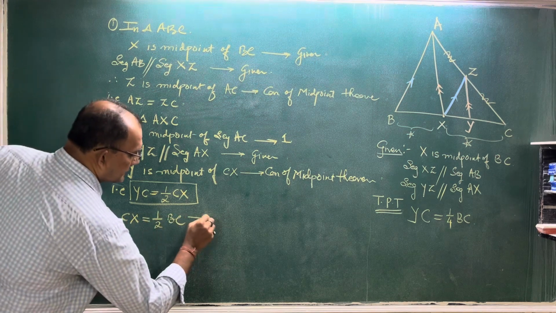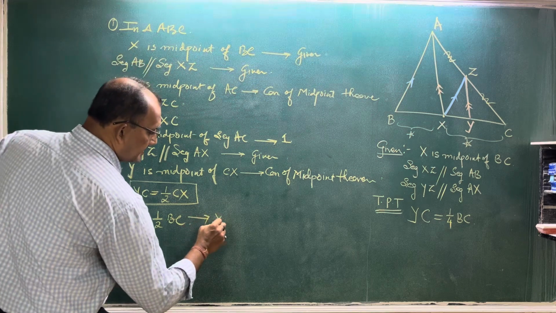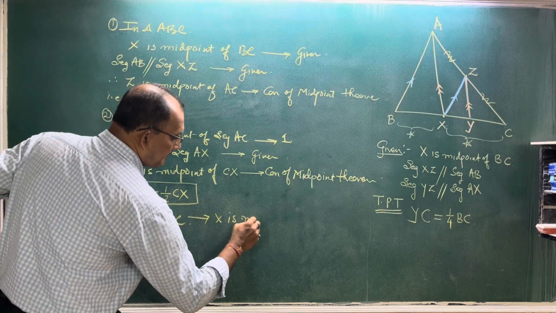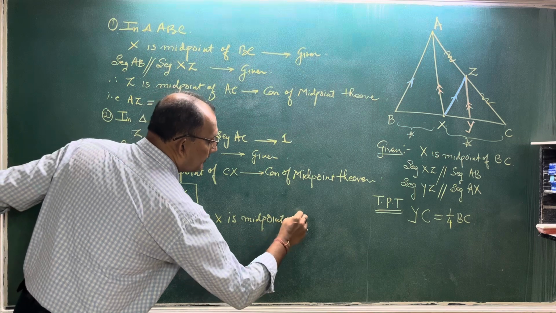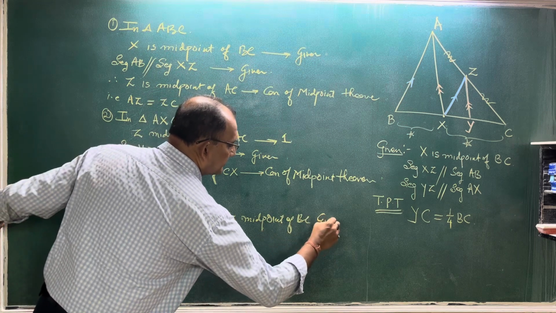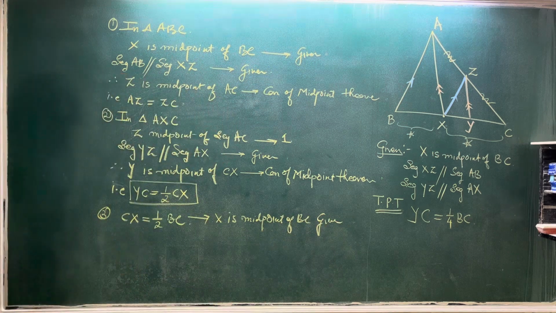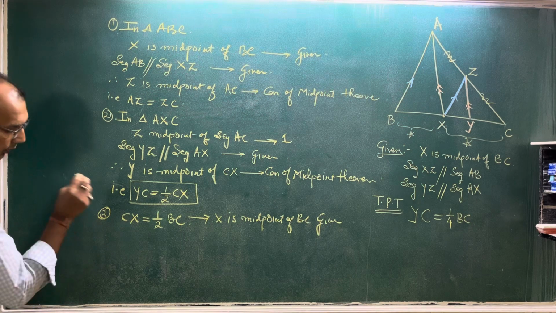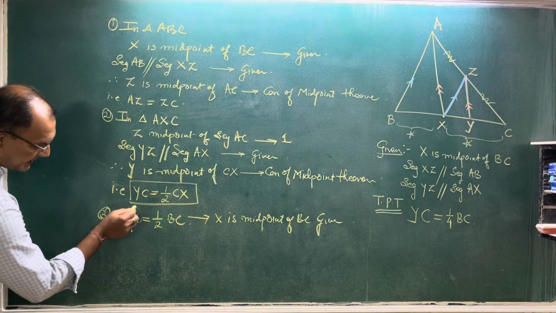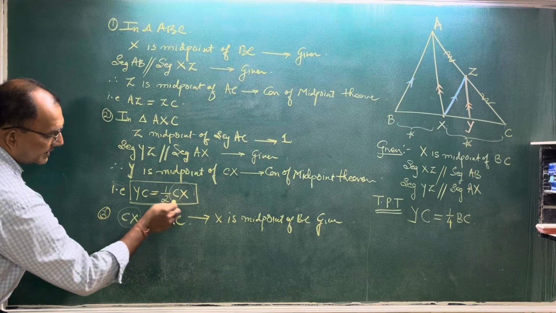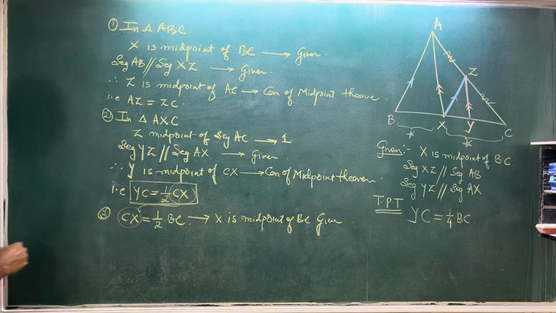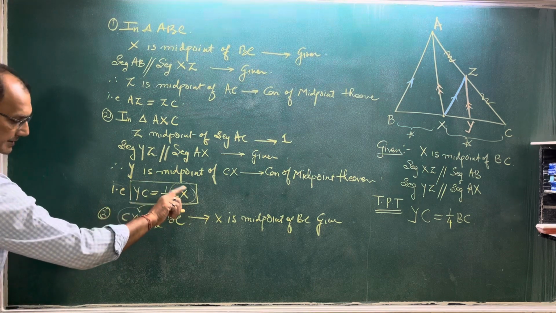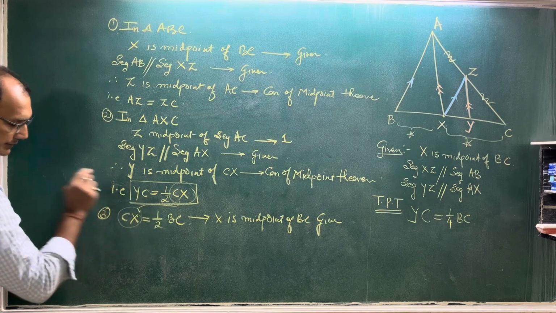This was because X is midpoint of BC, given. Okay, children? Now what I can do is that, see here CX is there. Here also CX is there. In place of CX, can I substitute this? I'll remove CX and in place of CX, I'll substitute the value.